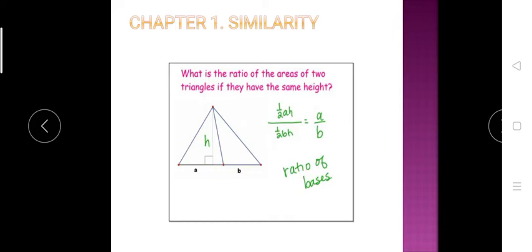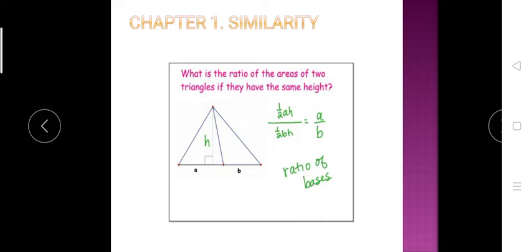Now by using the same formula, we have to find out the ratio of the areas of two triangles if they have the same height. Here it is not mentioned that the two triangles are similar. It's just mentioned we have to find out the ratio of areas of two triangles.